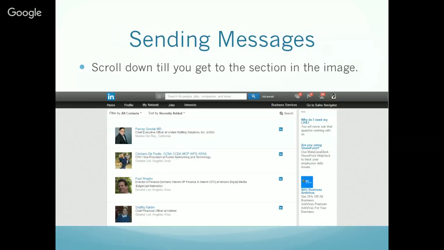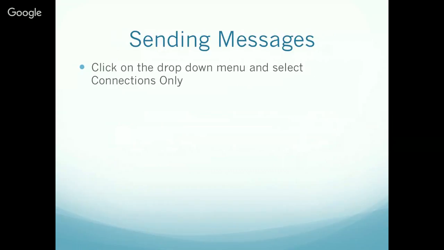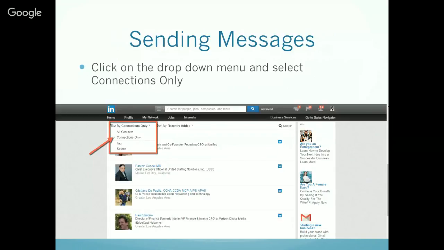Scroll down till you get to the section in the image, which is the same section that we looked at last time. However, it's going to be updated with new connections. You want to make sure that you're only looking at your connections by clicking on the drop-down menu and selecting Connections Only.